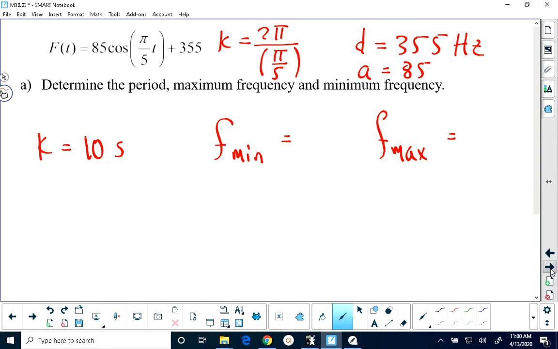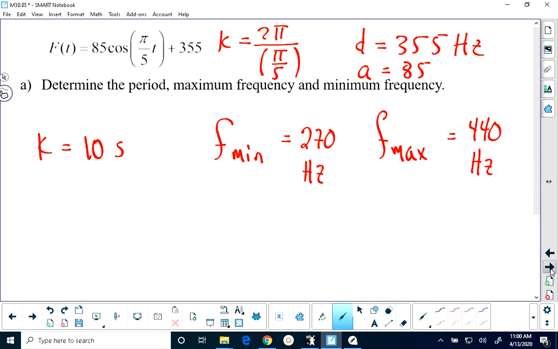And if you subtract 355 minus 85, I believe you get 270, and that is in hertz. The maximum frequency is going to be what you get when you add 355 to 85, which I believe is 440 hertz. Before we move on, I just want to double check those two numbers. I think they're okay.